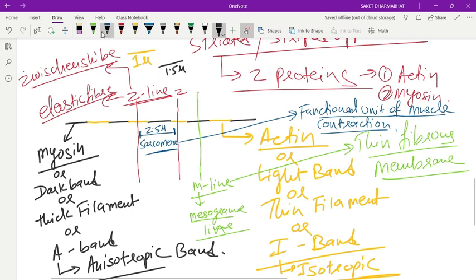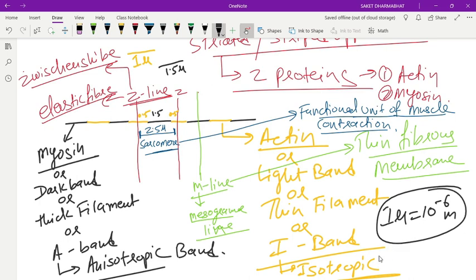The Z line bisects the thin filament, so 0.5 comes on this side and 0.5 on this side, and in the middle it is 1.5. Adding all this gives 2.5 micron. 1 micron is 10 to the power minus 6 meter. Understood up to here?